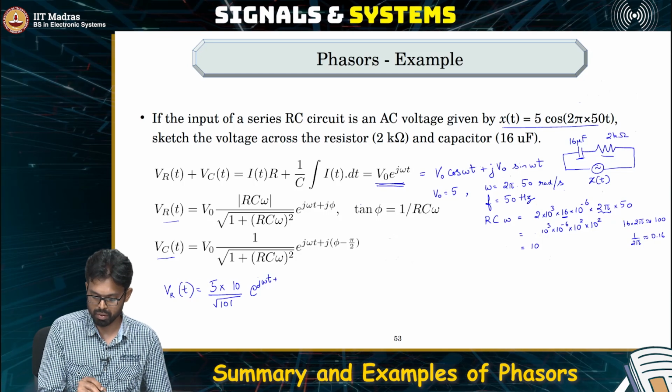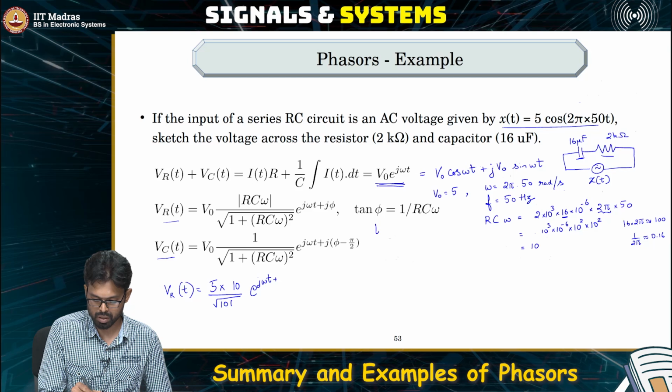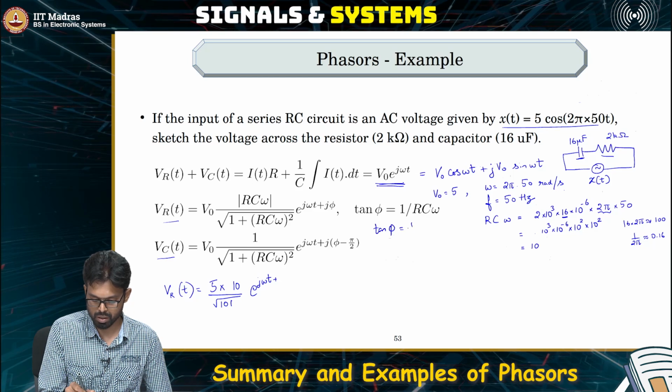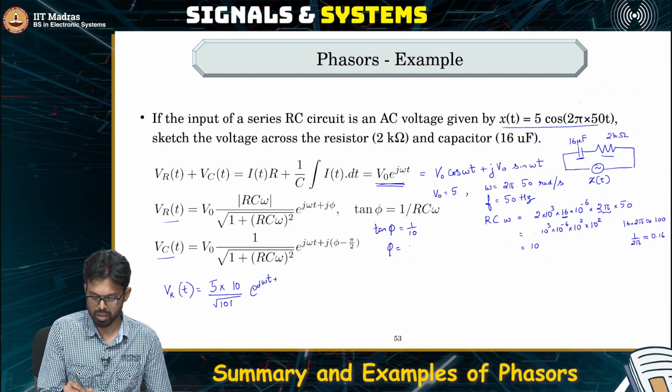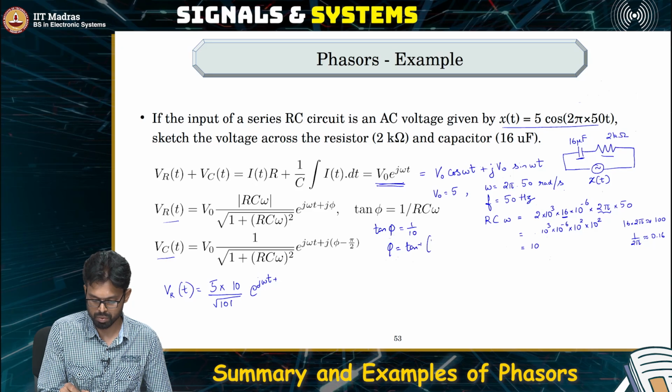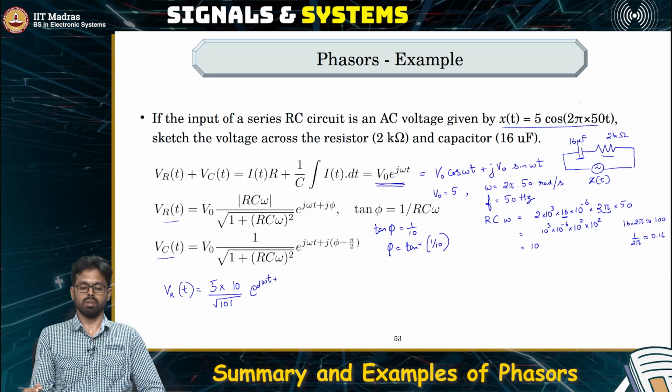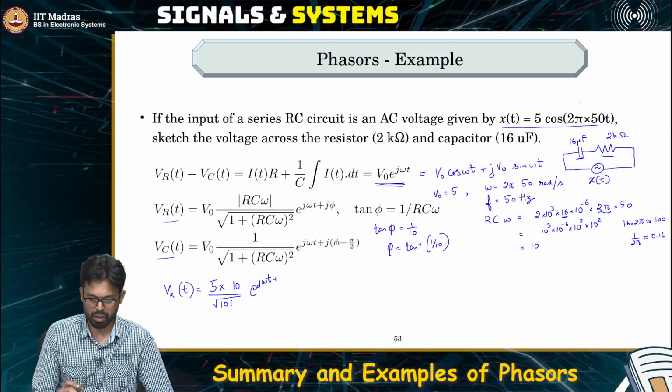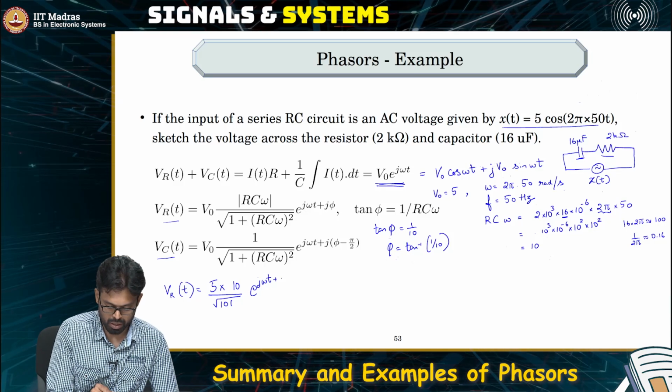And what is 5? So now what we have is tan phi is 1 by 10. So phi is tan inverse of 1 by 10. Okay. So this is some angle. So let's keep that as some phi.